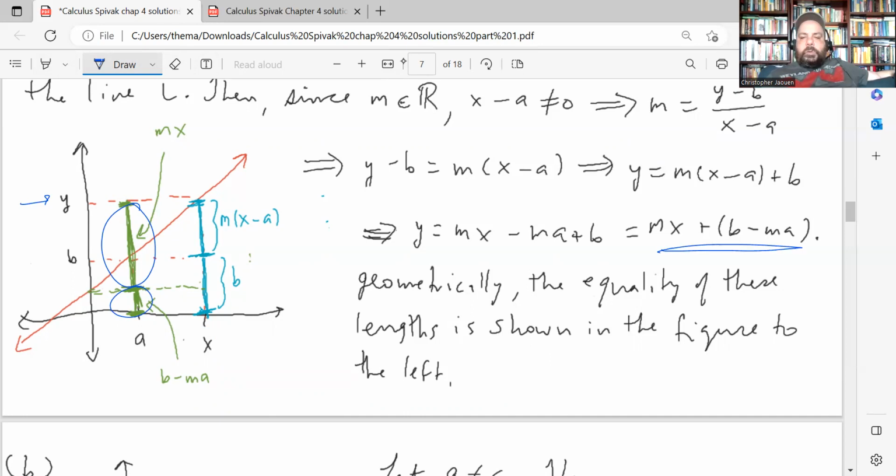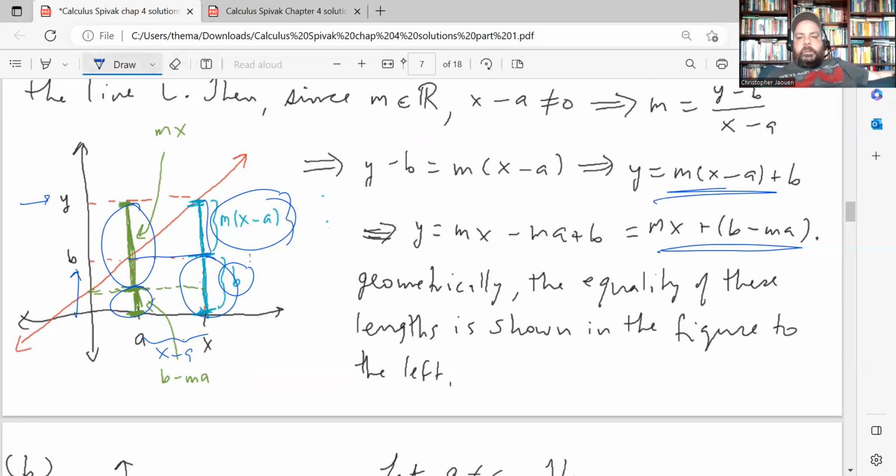That's equal to this quantity here. But also you can write it as the height b, right? The height b plus, and then from the triangle here, you can see that this height is actually m times (x minus a), because this distance is x minus a. So if you take b plus m times (x minus a), you get the same y value.